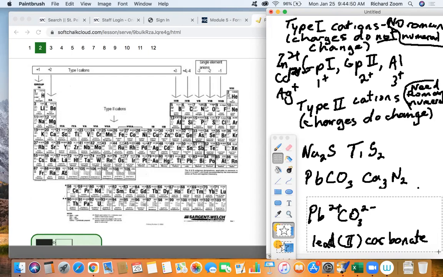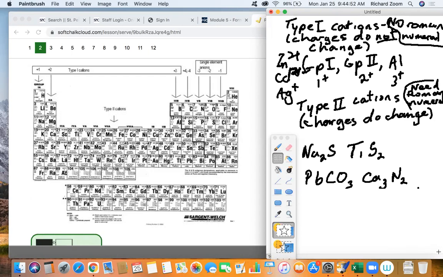Now the last one I have here, Ca3N2. We look at Ca, we see it's in group 2, so we know it's a type 1. So the name just becomes calcium nitride. Again, no Roman numeral here. And you might be asking, how do you know there would be 3 calciums and 2 nitrogens?